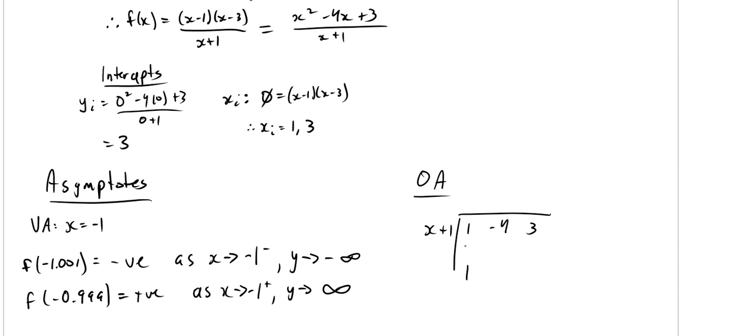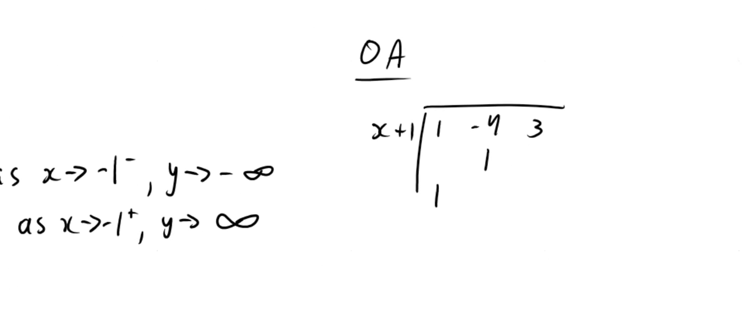Bring down the 1, multiply, subtract, multiply. 3 minus negative 5 is 8. And there's my remainder.